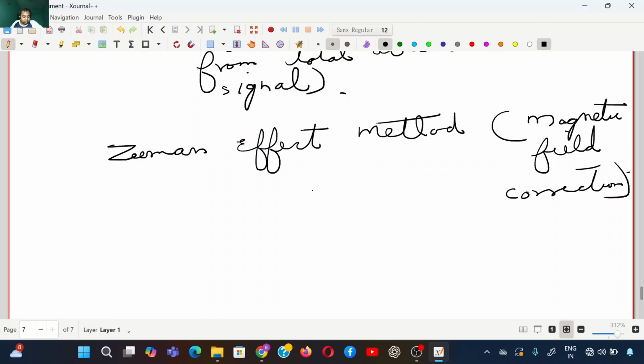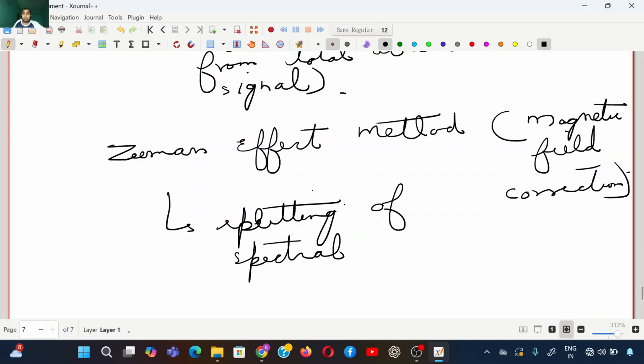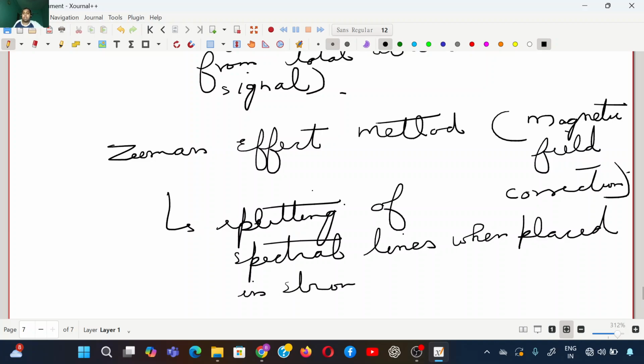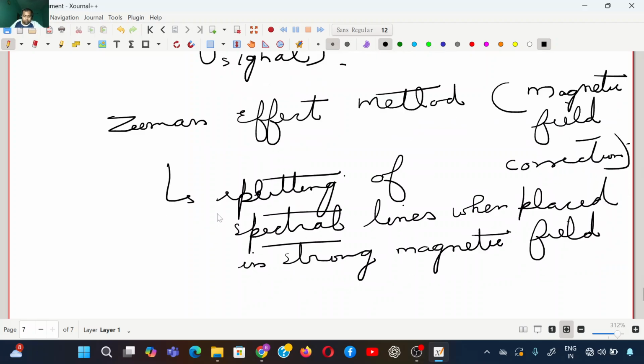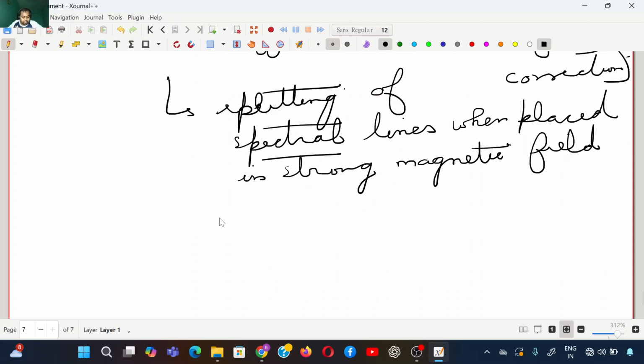The splitting of spectral lines when placed in a strong magnetic field is called the Zeeman effect. Without a magnetic field, you have one sharp spectral line, but with a magnetic field, the line splits into many components.